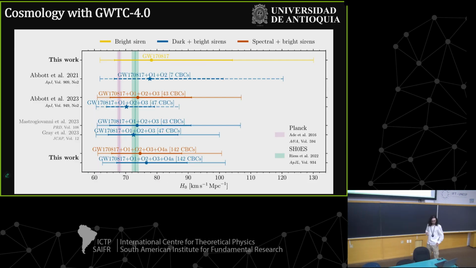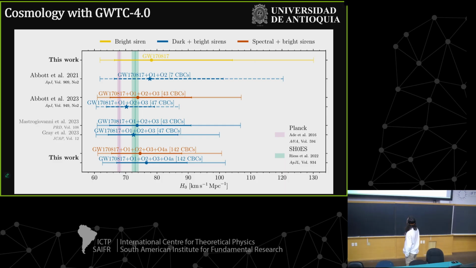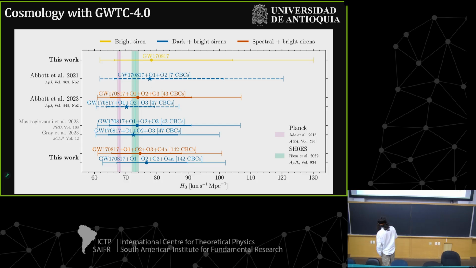And here, this table summarizes the different estimations that have been published so far in different articles. For example, we have the bright siren estimation here. We have the estimation with the bright siren on O1 and O2 events. This was published by LVK. This was also published by LVK.